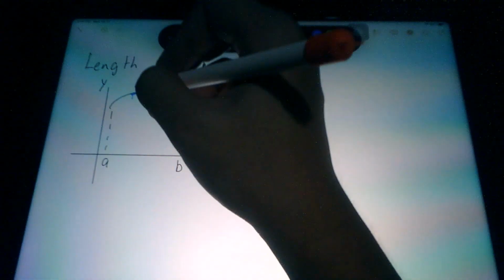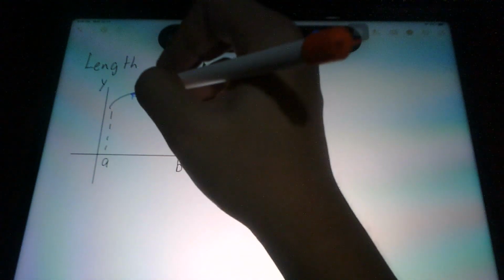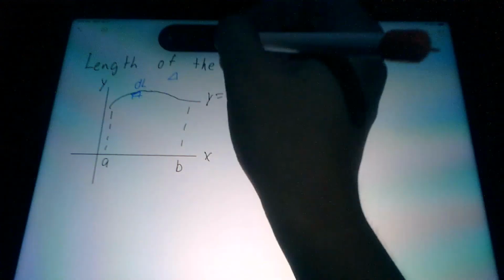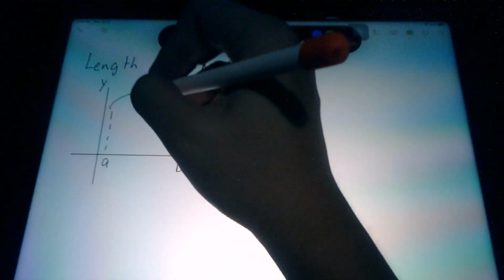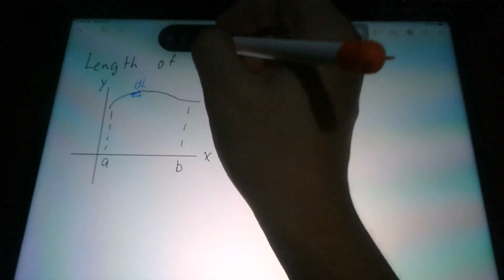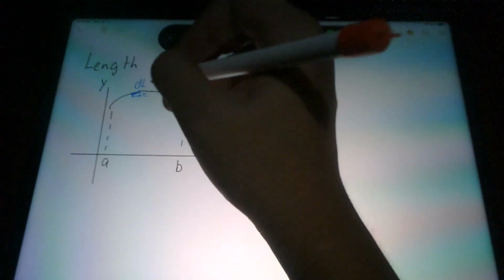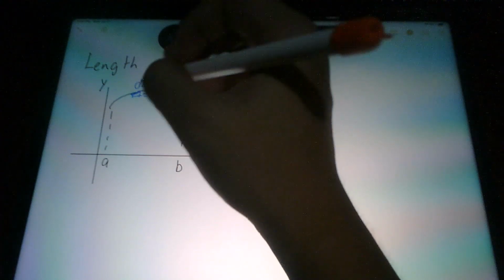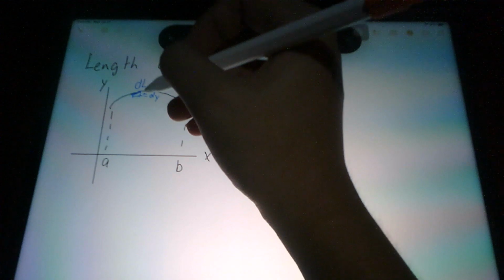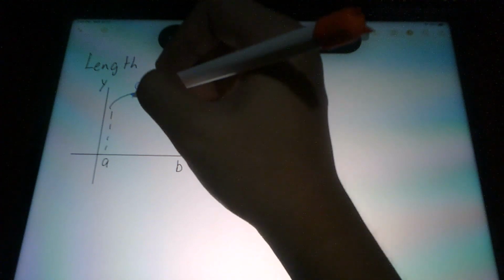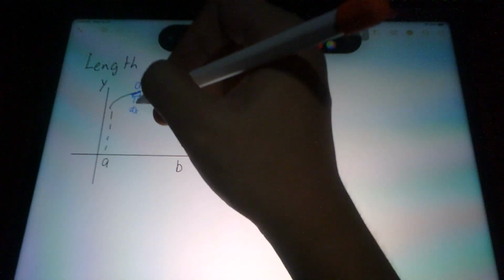So we put it here, and let's say that's a triangle, and this area is called our dy, and this area is called our dx.